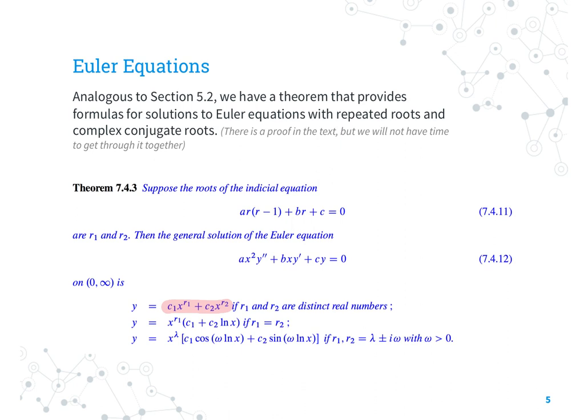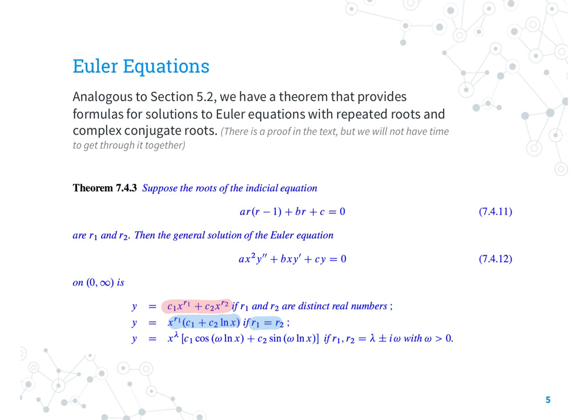If R1 and R2 are the same, then our solution is x to the R times C1 plus C2 natural log of x. So while this is analogous to section 5.2, the solutions do not have the same form.